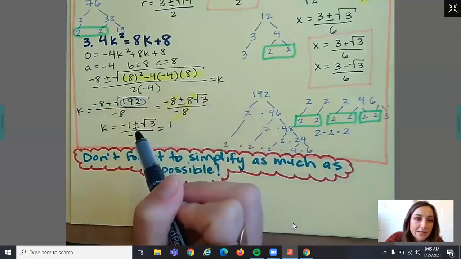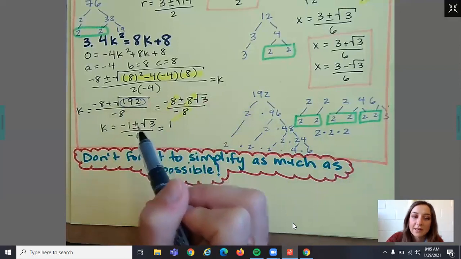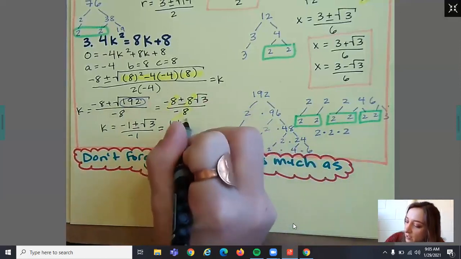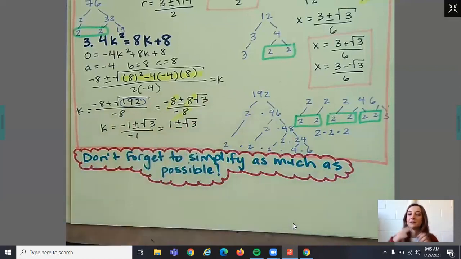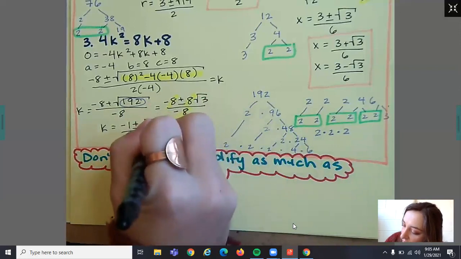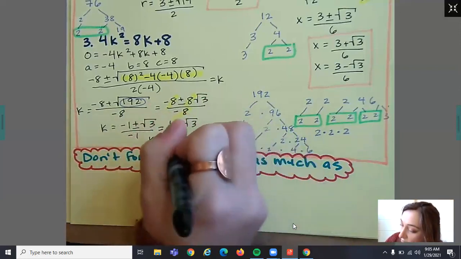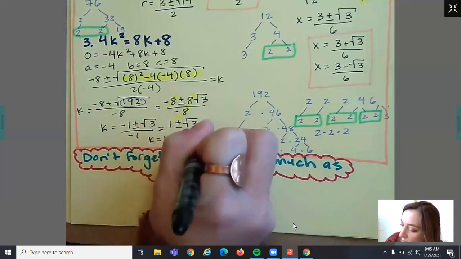Dividing this by negative 1 is actually the same because it has both signs in there, so still plus or minus root 3. Since I am dividing by negative 1, I don't have to write that anymore. That just means flip the signs on the things on top. So this is our final answer for k, and let's write it as the two solutions: k equals 1 plus root 3, and k equals 1 minus root 3.